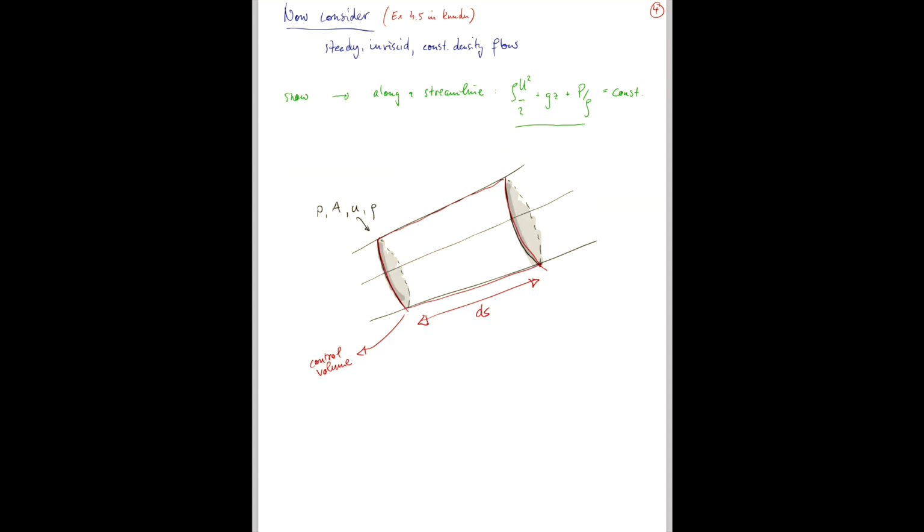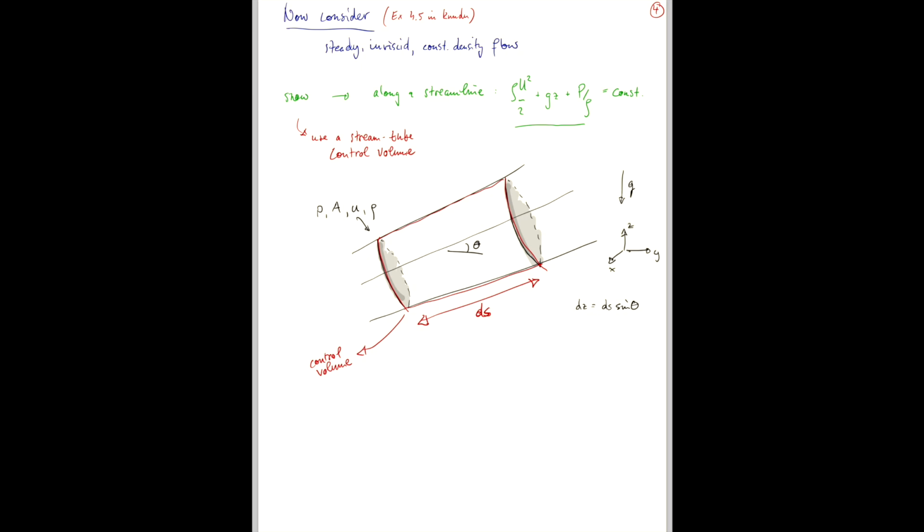So I've inserted a schematic of a stream tube element here. So we'll use a small stream tube control volume of length ds. Now we'll say that this is at an angle theta to the horizontal, so dz is ds sine theta, which is relevant because gravity is going to point down.